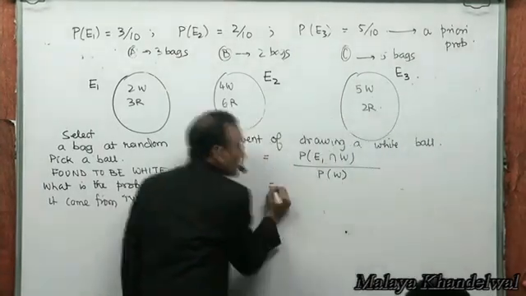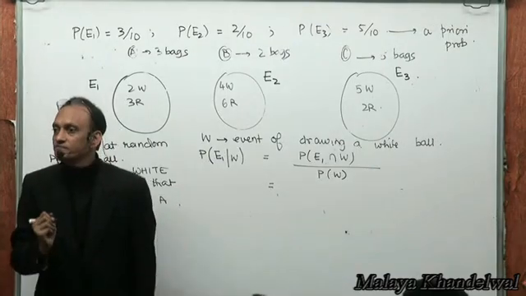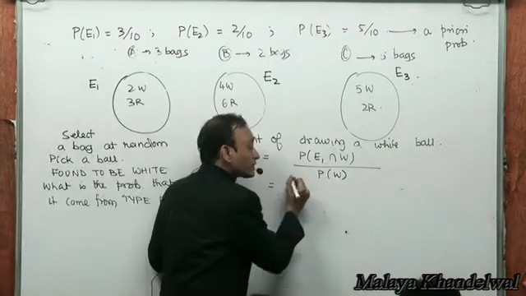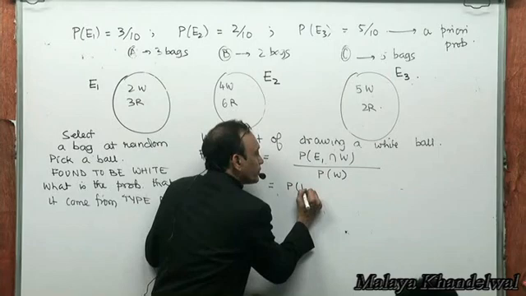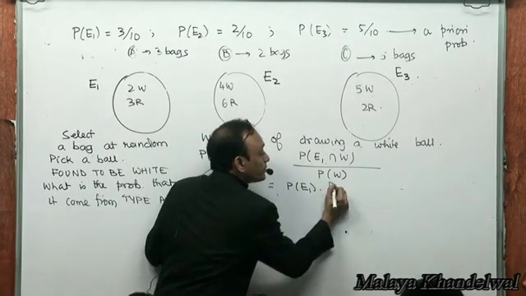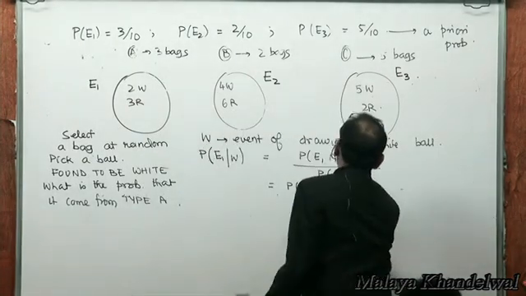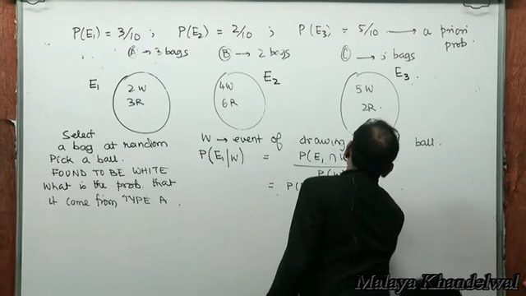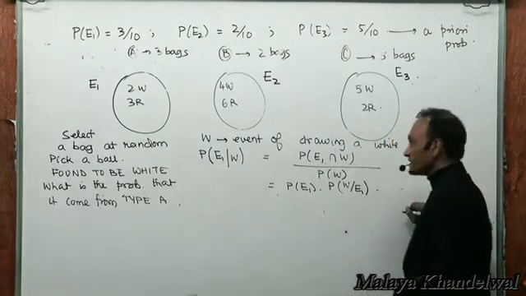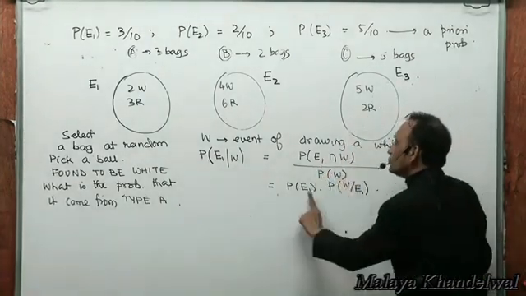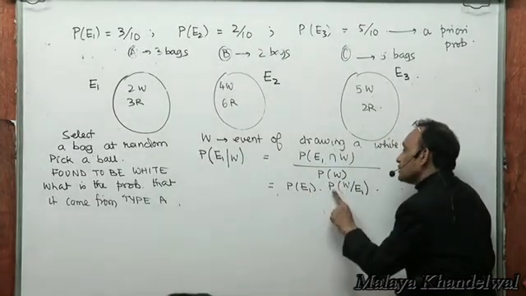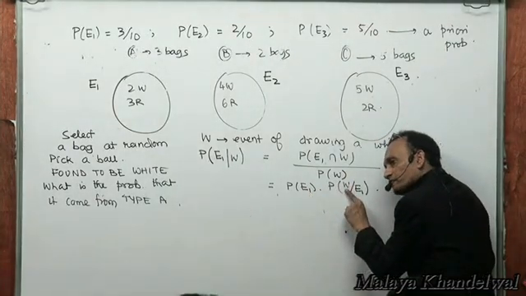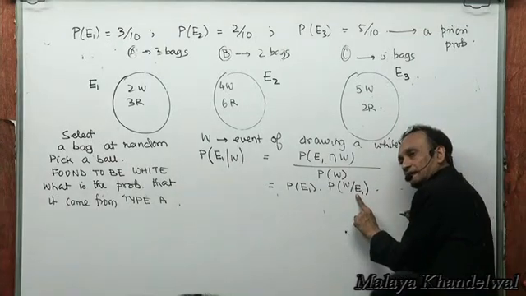Then from conditional probability, E1 intersection W is going to be probability of E1 into probability of drawing a white given event E1, yes or no?